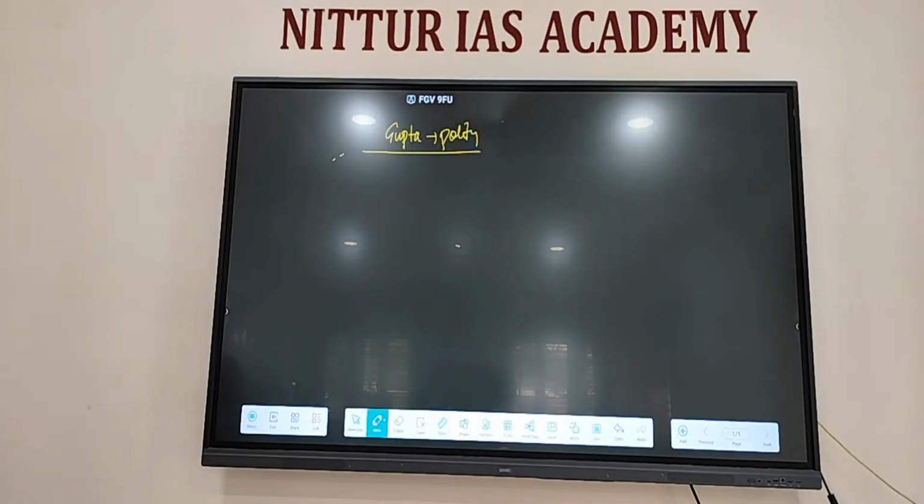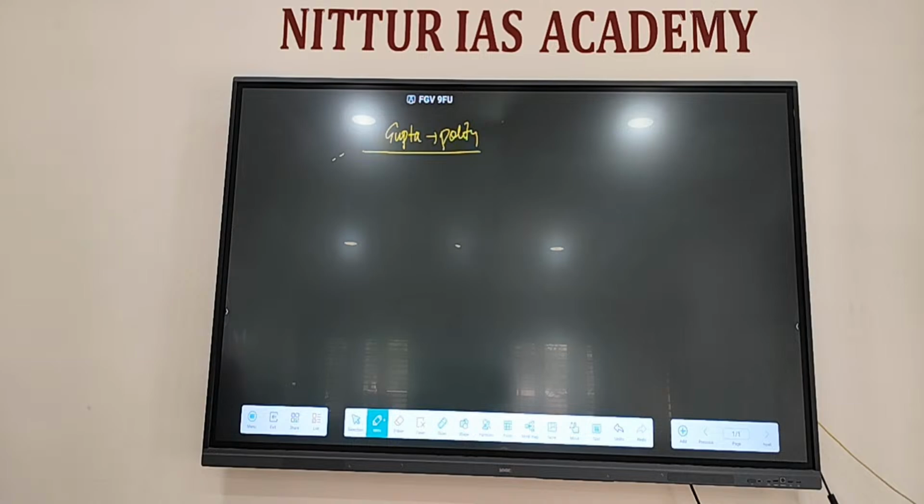Certain inscriptions we have also discussed, like which inscription provides information regarding Samudragupta's victories. The Prayag Prashasti inscription, okay. Which provides most of the information regarding Kumaragupta? Inscriptions, okay. So those things we have discussed with regard to Gupta period inscriptions.